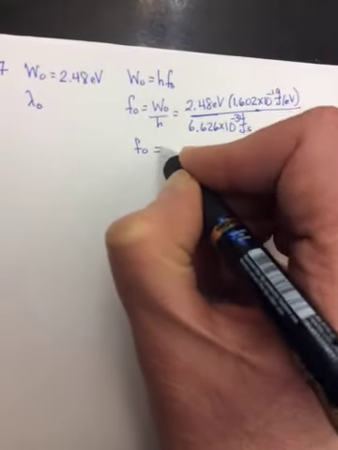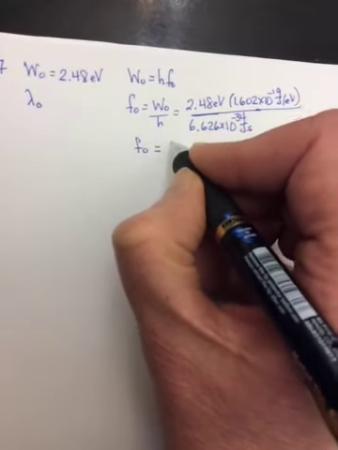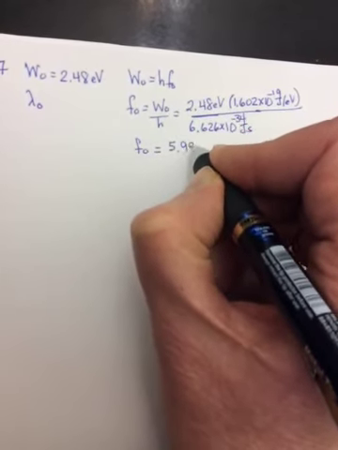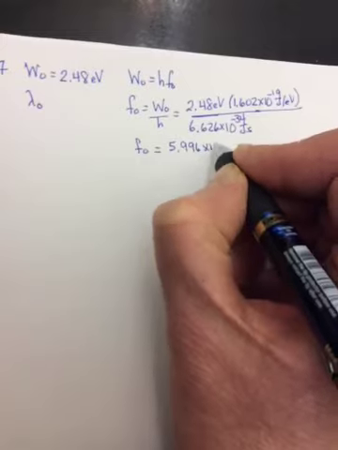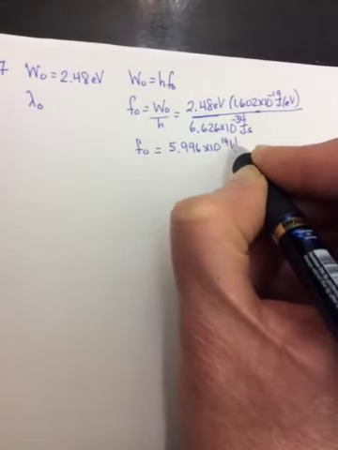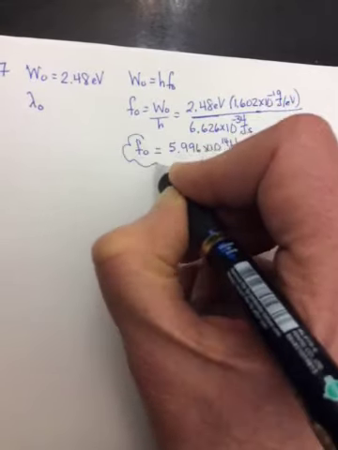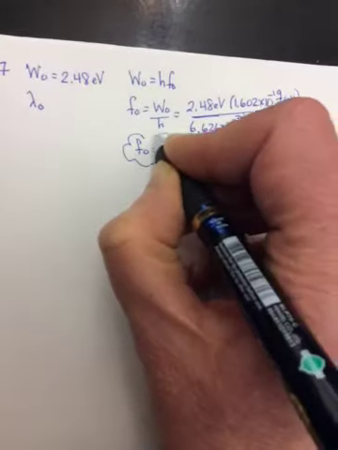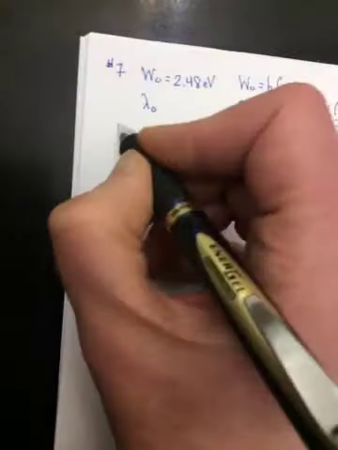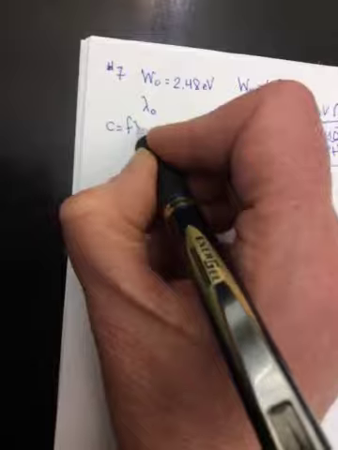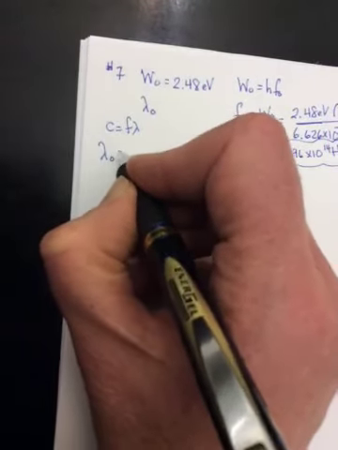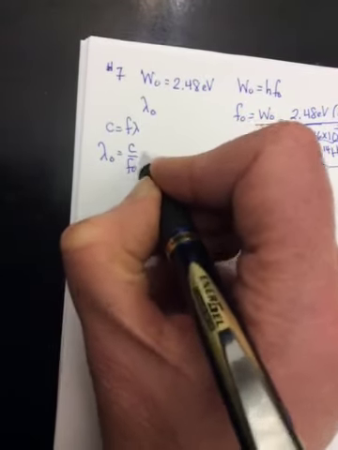When you do this, you get an FO of 5.996 times 10 to the 14th hertz. Excuse me, I said WO, but it's an FO. Once you have your FO, then we know C equals F lambda, so lambda O equals C over FO.